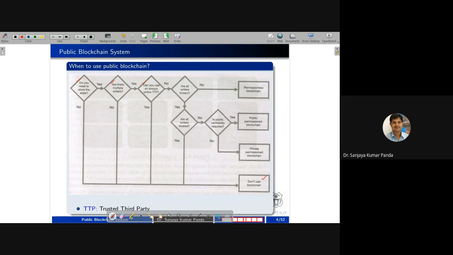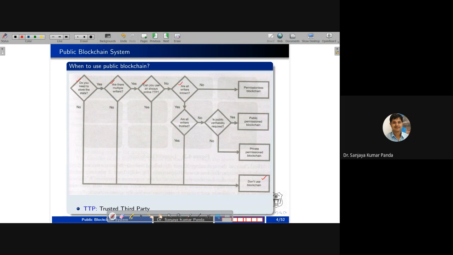If your answer is yes, you need a trusted third party, don't use blockchain, because the blockchain concept says there is no third party. Forget about the trusted party, there is no third party, right? So can you use an always online TTP? If the answer is no, then only you can use blockchain.